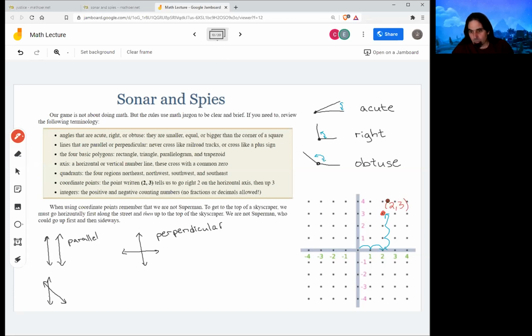And the way to remember which is that we are not Superman. Superman might be able to go to the top of a skyscraper by going up first and then over. But we can't fly, we can't do that. If we want to get to the top of our skyscraper, then we have to go over first, the first number is the over, and then up with the second number.